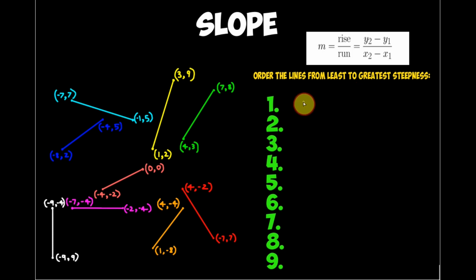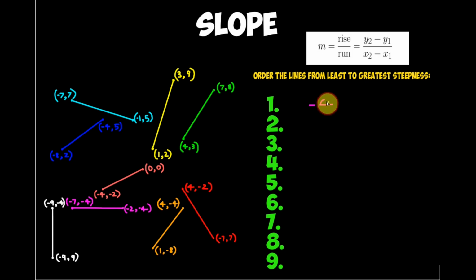So let's start off, and least steepness is obviously this one right here because it's flat. And let's use the formula to figure out the steepness of this. So first we take the y2 minus y1. So y2, I'm going to make my y2 negative 4, but it doesn't matter because they both are the same.